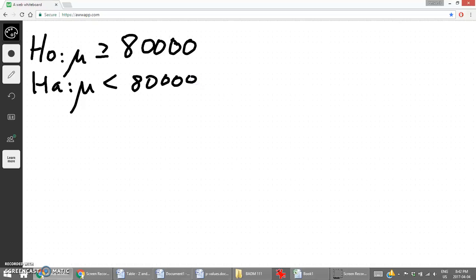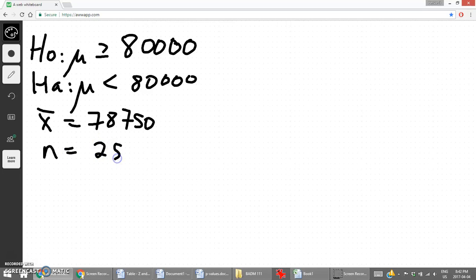We take a sample average that came back to be 78,750. Sample size is 25, and the population standard deviation is given to us to be 2,500. And we are testing at the 5% level of significance.